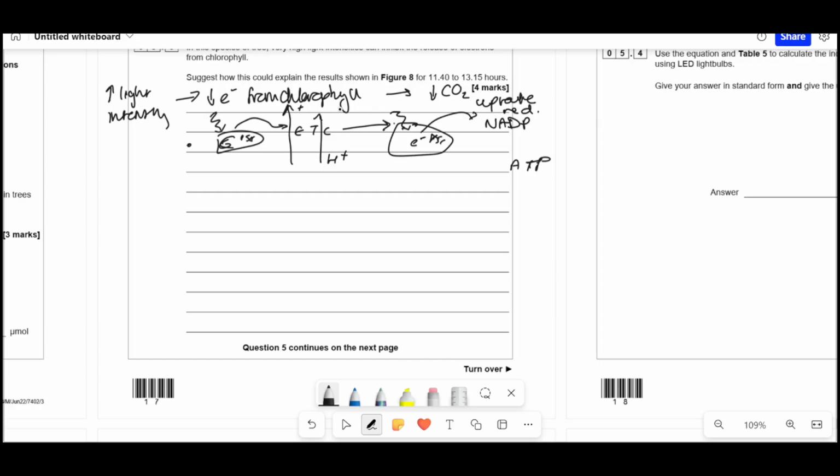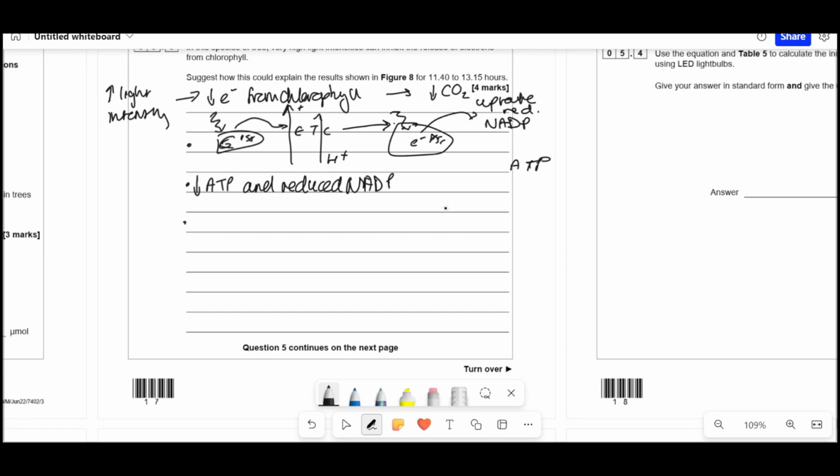So less energy from light intensity means less electron release from the chlorophyll. If there's less electron release, then we're going to make less ATP and reduced NADP. That's the whole point of that stage, non-cyclic photophosphorylation. As a result, what happens? You can't just describe everything. You have to say what the specifics are.